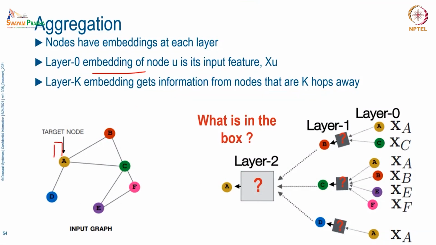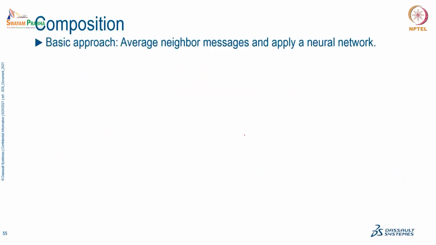For example, this has some features x1, x2. Maybe in the next slide, you will get an idea. For the zeroth layer, it is just this feature vector, but in the consecutive layers, it is an embedding of the neighboring nodes as well. How this is aggregated you will get a better idea of in the next slide.